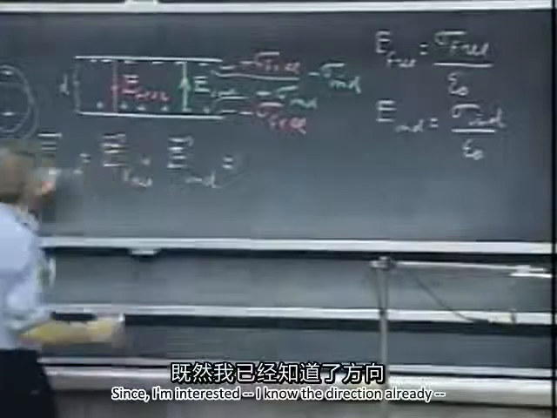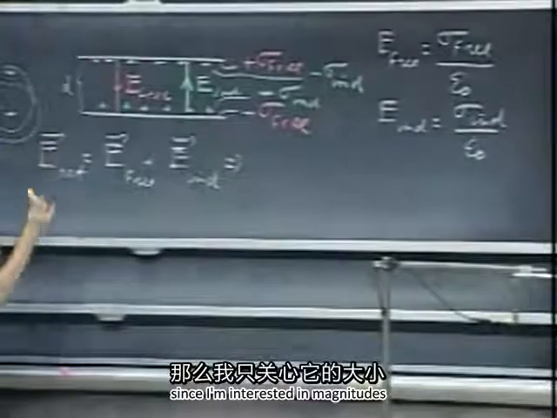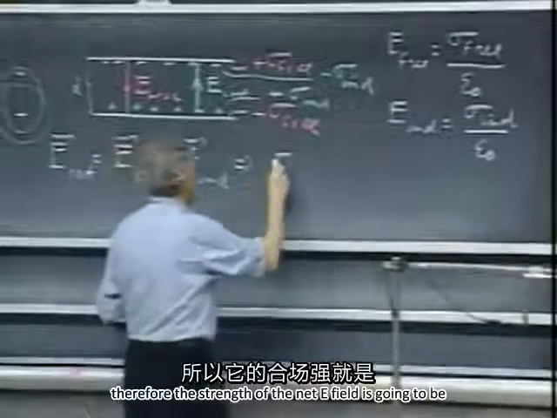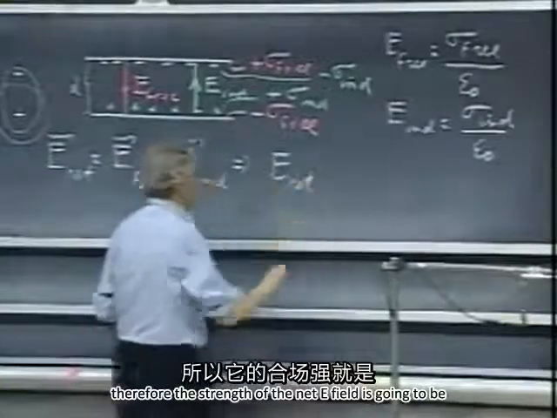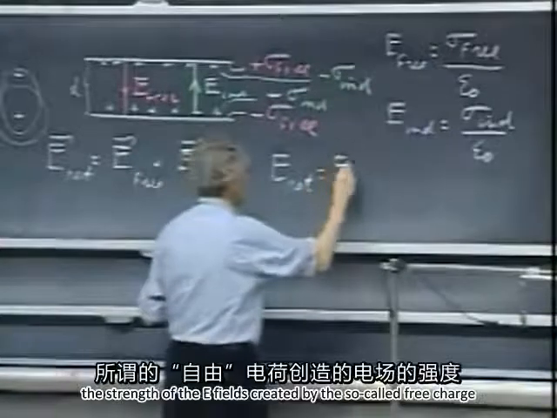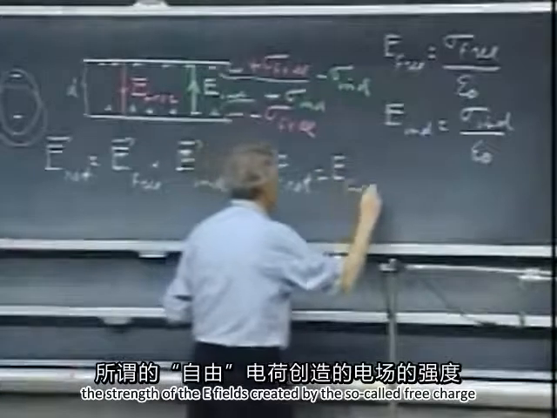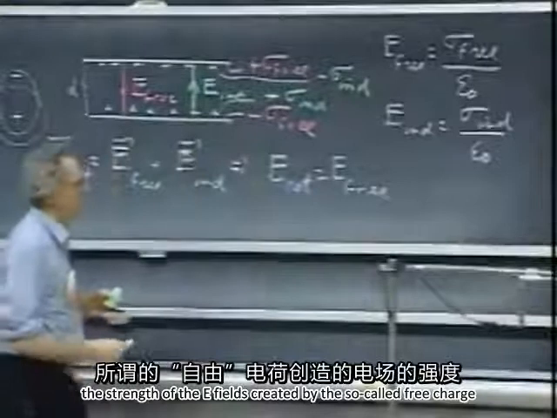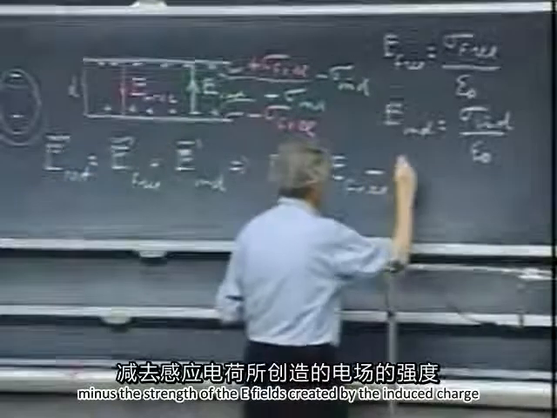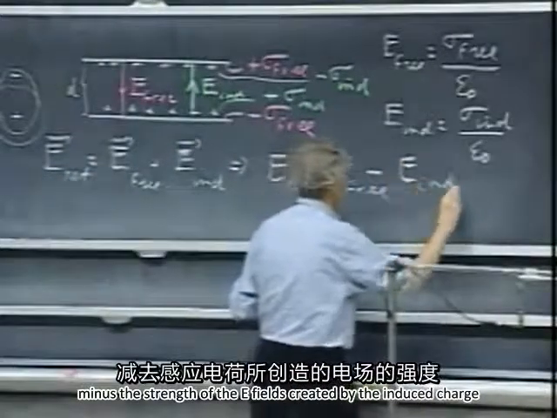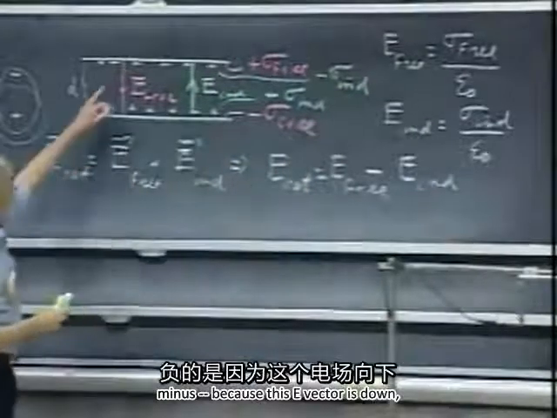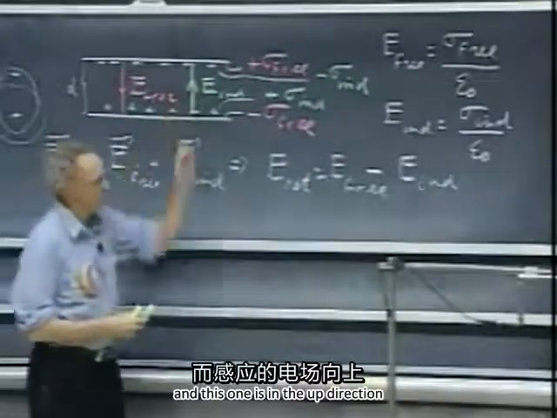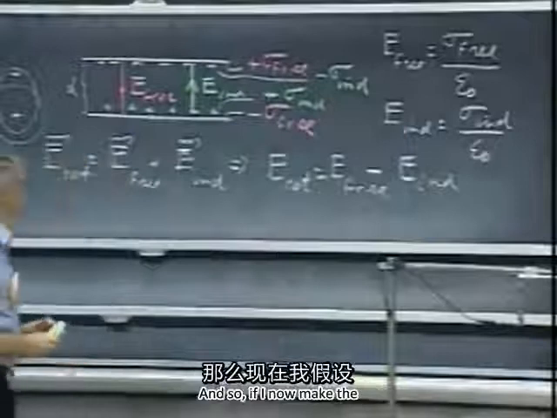Since I'm interested in magnitudes, I know the direction already, the strength of the net E field is going to be the strength of the E field created by the so-called free charge minus the strength of the E field created by the induced charge. Minus because this E vector is down and this one is in the up direction.